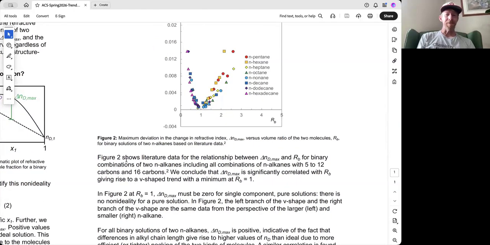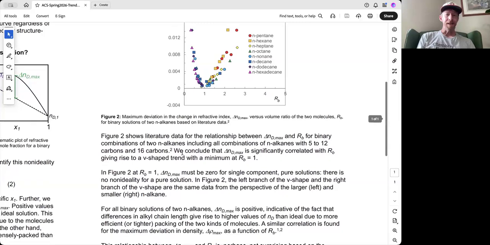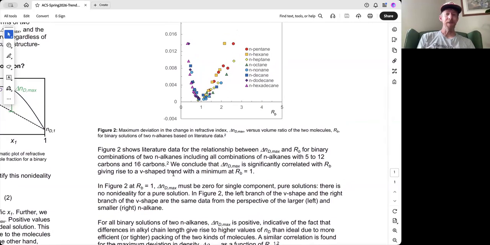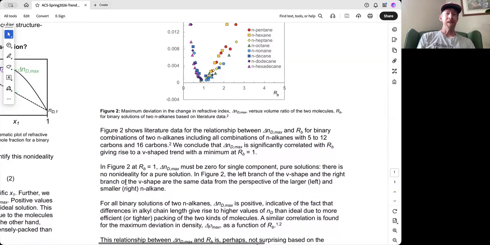What you can see is that figure 2 shows literature data for the relationship between delta ND max and RB. We conclude that delta ND max is significantly correlated with RB, giving rise to a V-shaped trend with a minimum at RB equals 1. RB equals 1 is when the two alkanes would be the same size, and the only way that can happen is if it's just one molecule.